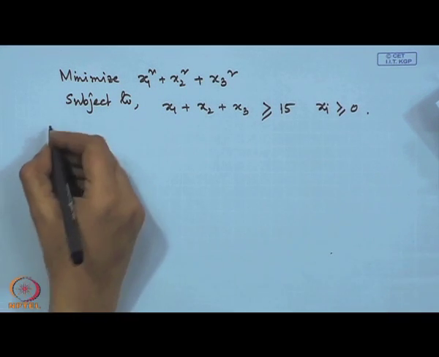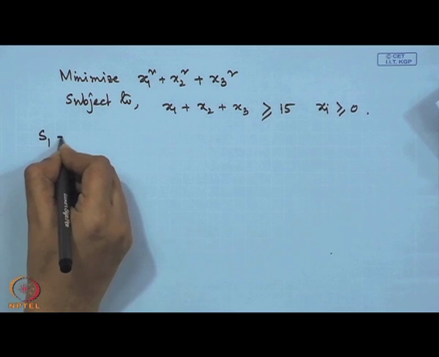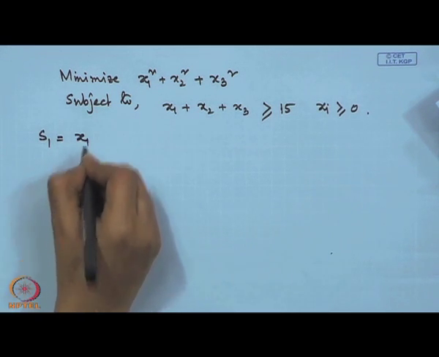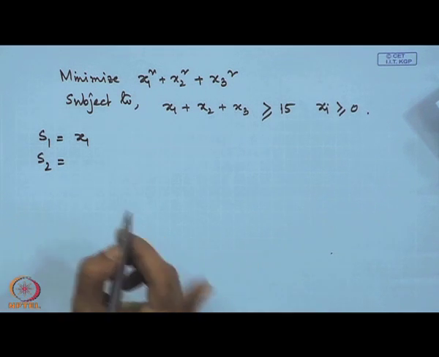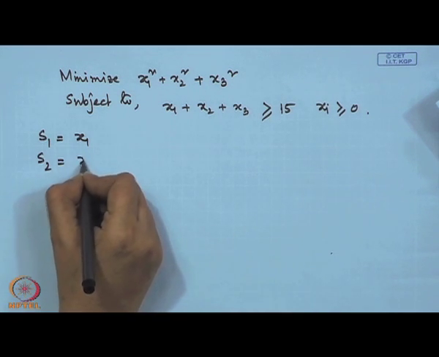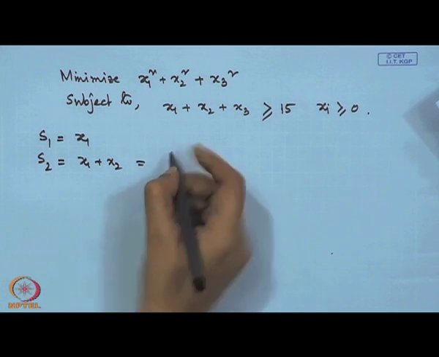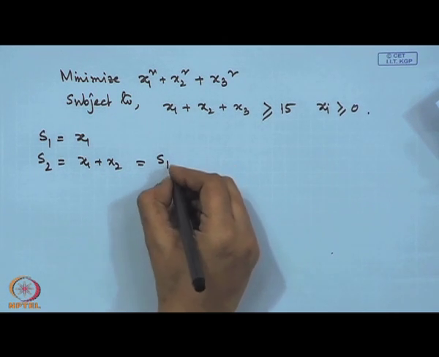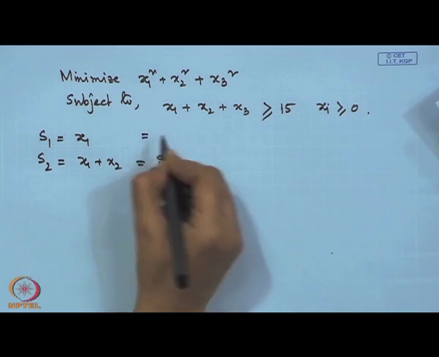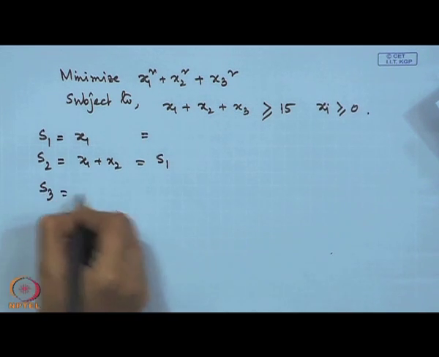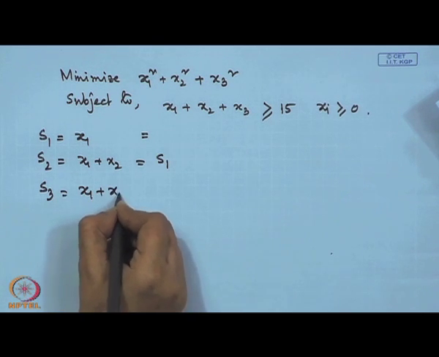Now, very quickly let me do the problem. Let us consider the first stage variable x1, the second state variable, not stage variable, state variable, then it is equal to x1 plus x2. The state transformation equations I will do later on.